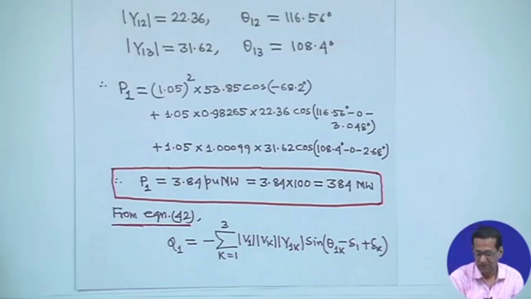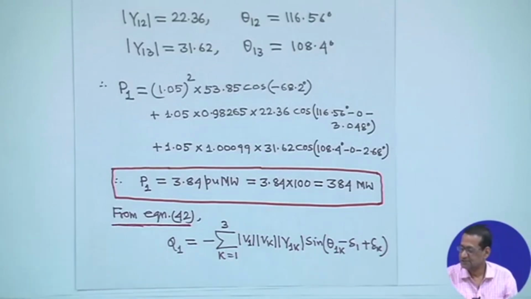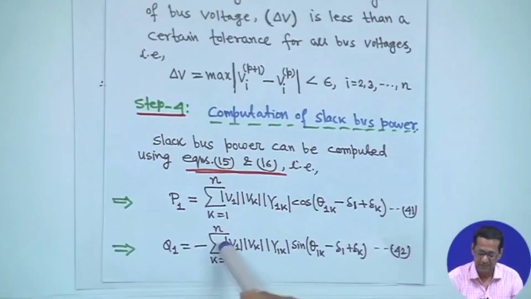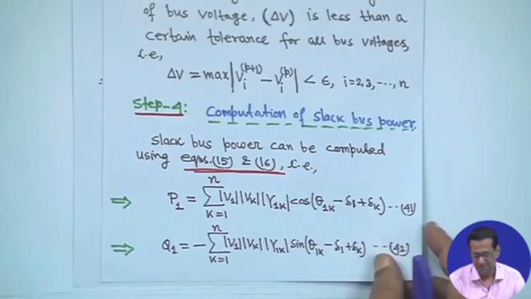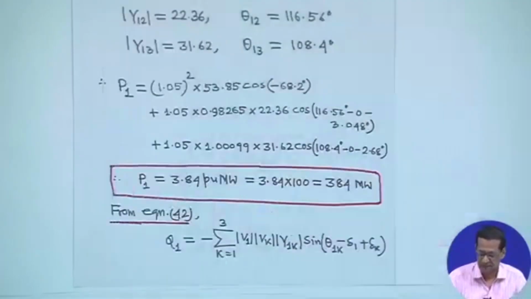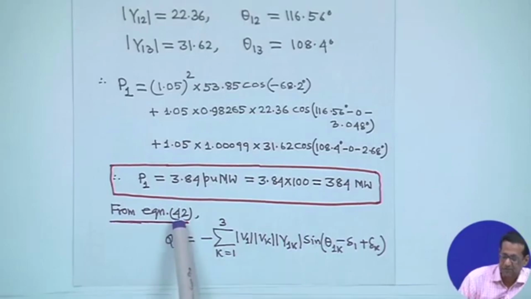Similarly, for equation 42, again in step 4 of that algorithm, you put n equal to 1 for this bus and find out the reactive power of the slack bus, Q1. In this case we are using equation 42.